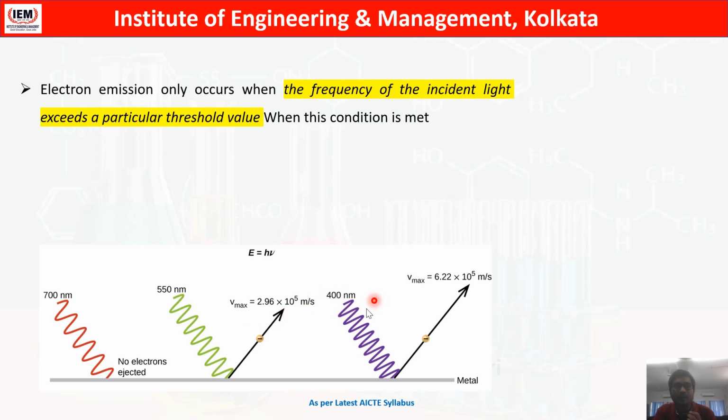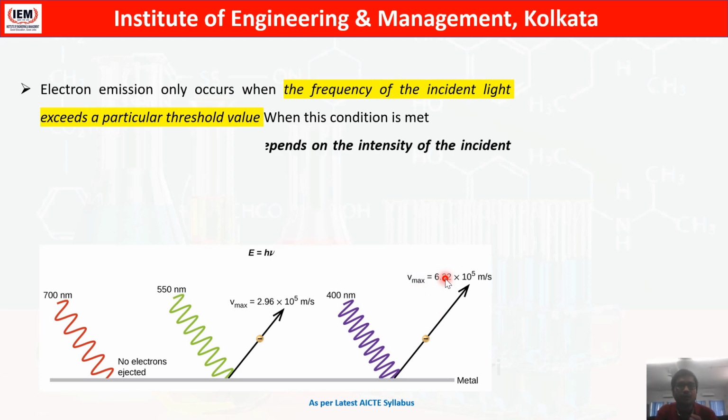But if you decrease the wavelength, the energy is increased, because energy and wavelength are inversely proportional. Wavelength increases, energy decreases. Wavelength decreases, energy increases. So 400 nanometer light means it has more energy, more frequency, and the electron velocity is again more.